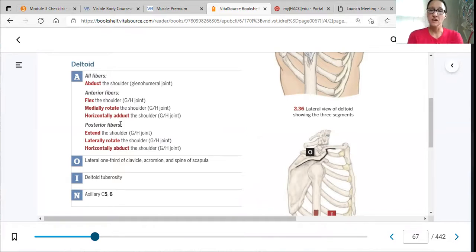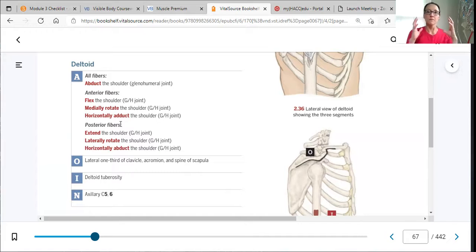Okay, now anterior deltoid fibers do anterior things. Posterior deltoid fibers are on the opposite side. So they are going to do posterior things, and posterior things include extension, lateral rotation, and horizontal abduction. So now we're going away from the midline on the horizontal plane, horizontal abduction.